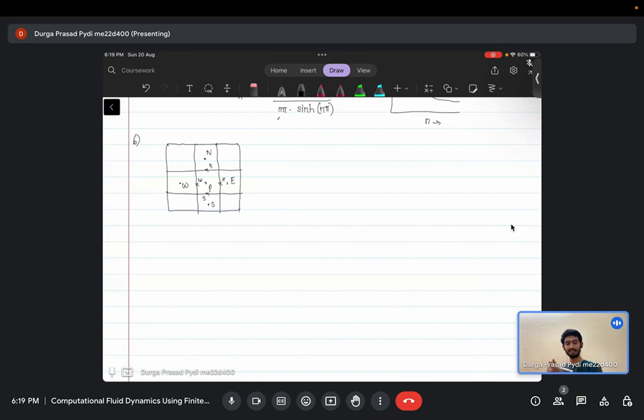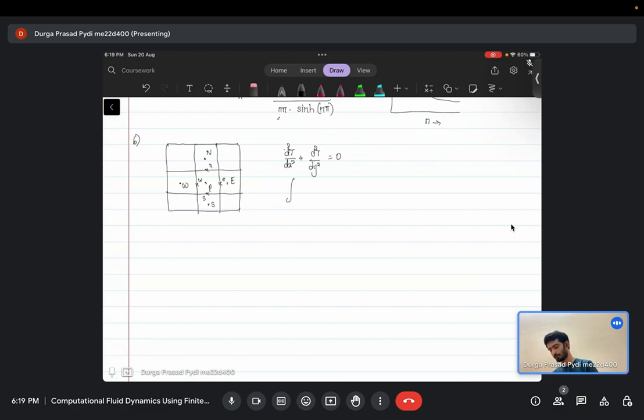So now I will be writing the equation for each cell. It's again the same equation. So the governing equation is d square T dx square plus d square T dy square equal to 0. If I take an integration over here, this will boil down to having fluxes over each and every face.